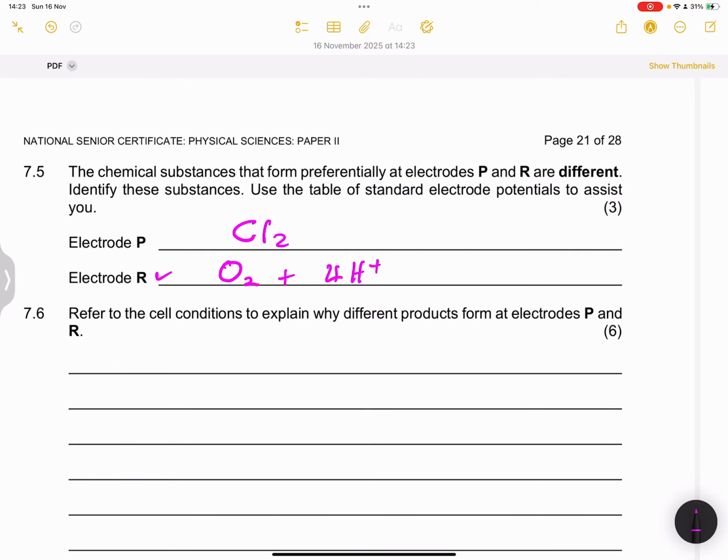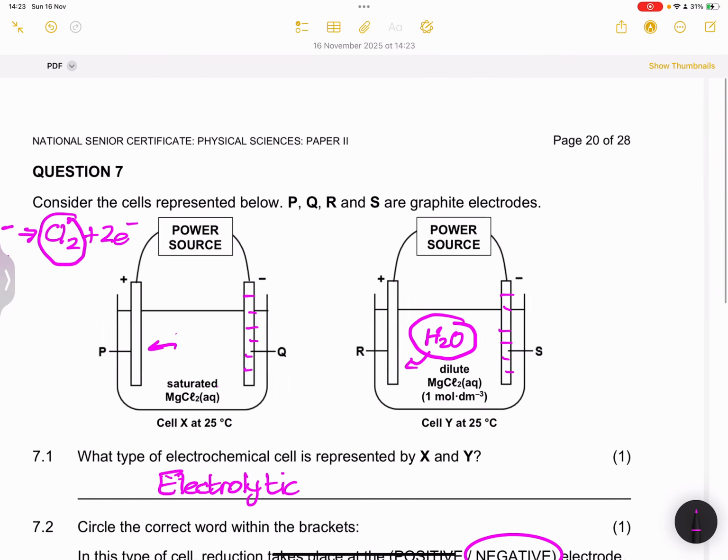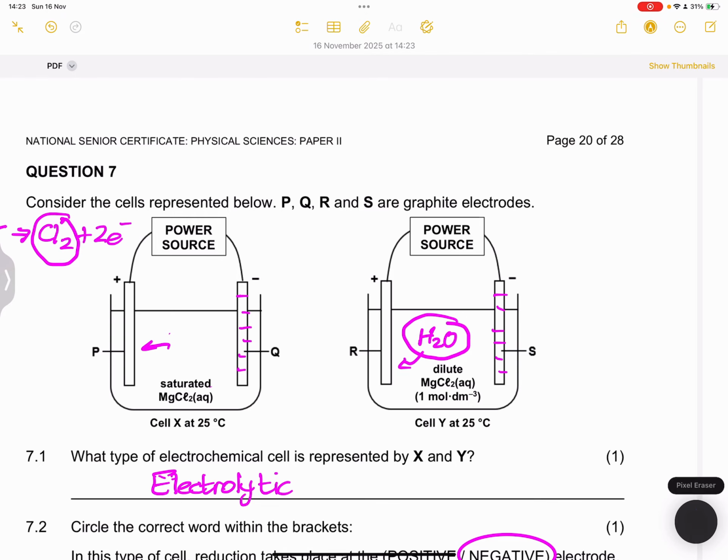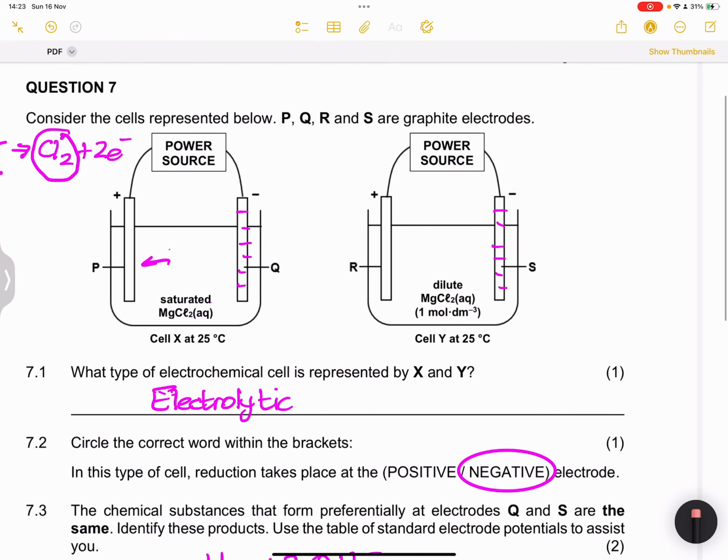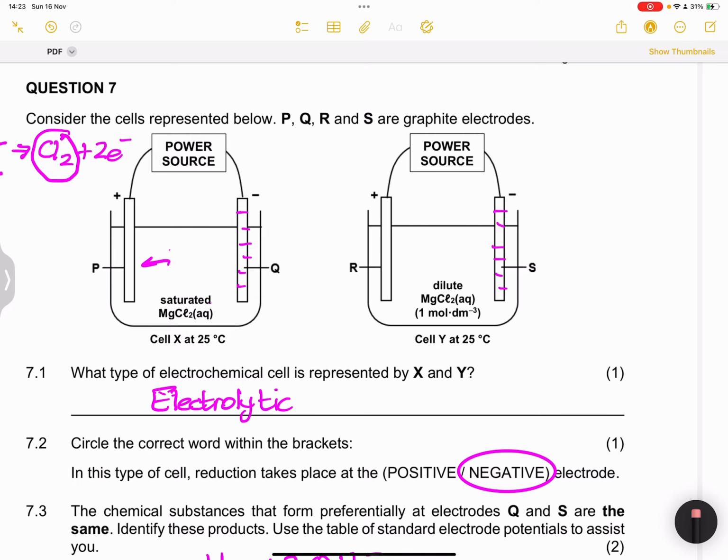We've got magnesium chloride, right? Okay, let's go back there. So we've got magnesium chloride. Firstly, let's start with R. Okay, so you've got H2O as well as magnesium chloride.